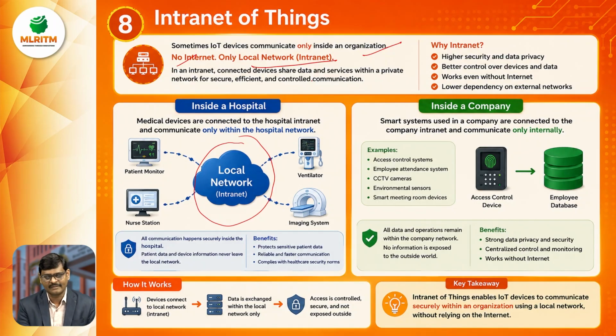In an intranet, connected devices share data and services within a private network, with secured, efficient and controlled communication. For example, inside a hospital, the patient monitoring system and the nurse station are connected to the local network, which is connected to the ventilator or imaging system, so that data can be transferred within the network and privacy is increased. Similarly, inside a company, biometric access control is connected to the employment data, and they can communicate with each other.